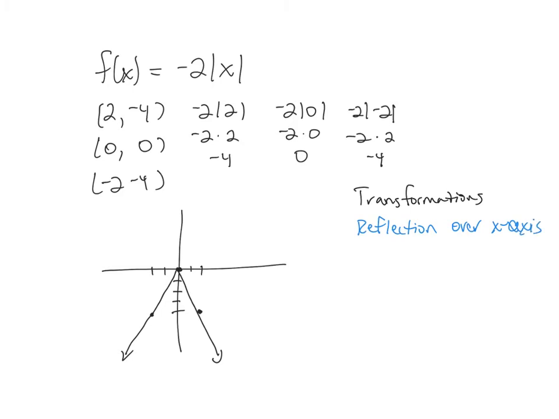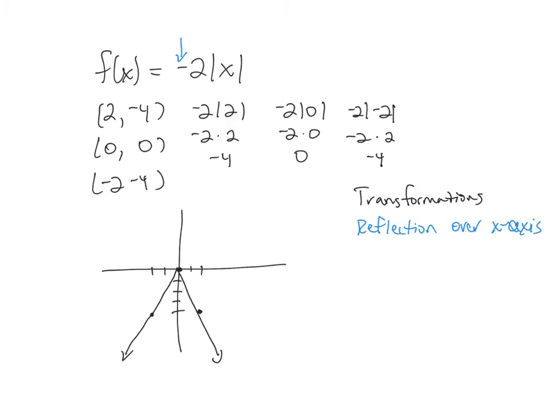And if you remember from yesterday, a negative on the outside of the absolute value means a reflection over the x-axis.